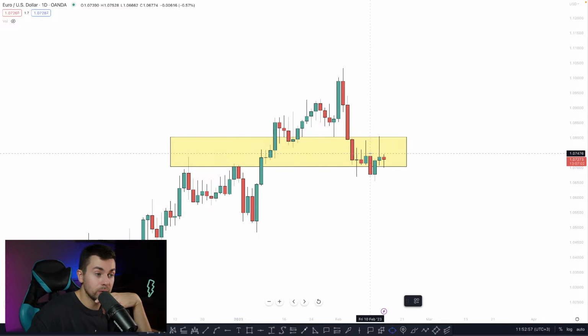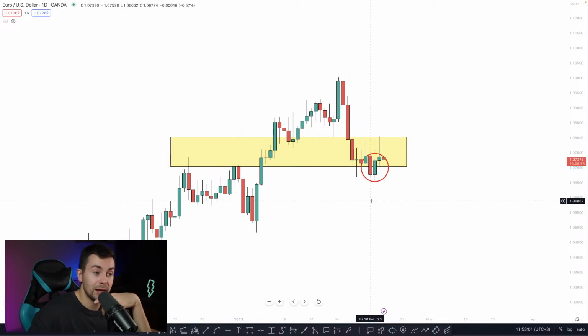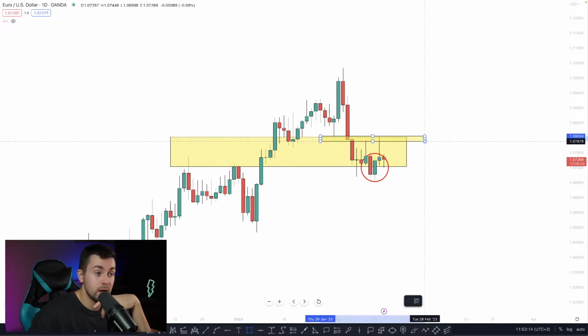And it turned out that the price has violated that demand cluster to the downside, and we closed below that. So now the demand cluster is broken. After the breakout, the price has retested the upper boundary of that broken structure.